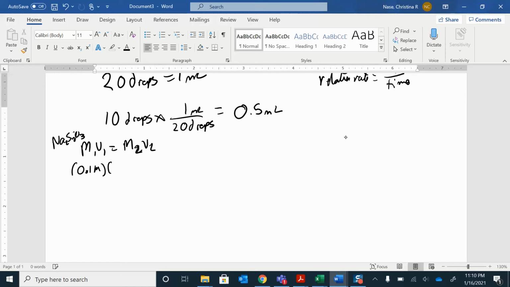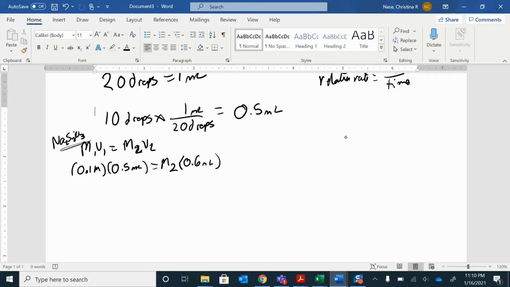And the first volume that we used was 0.5 milliliters. We're going to do this in milliliters. M2 is what we're looking for, so basically the concentration after it's been mixed. It's the new concentration after it's been added to something with a greater volume. The total volume is going to be bigger, so I have 0.6 milliliters.